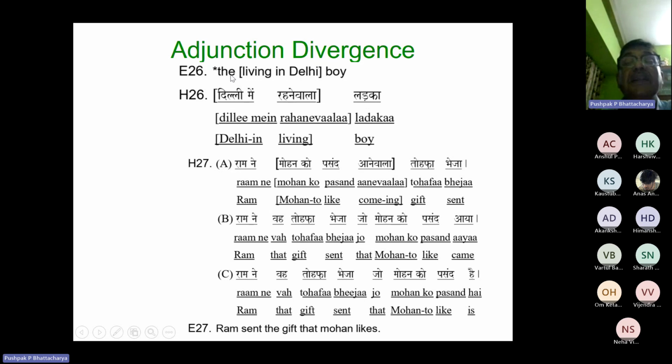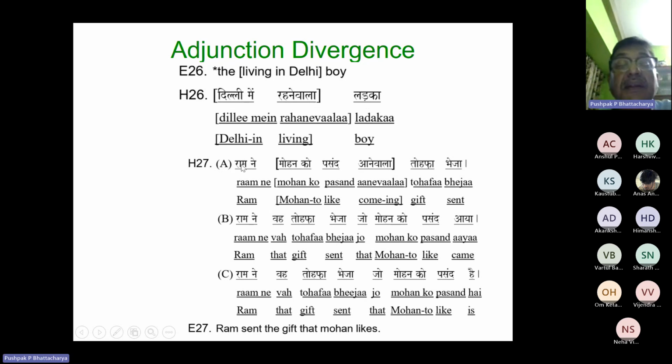So the correct English sentence is the boy who lives in Delhi. And in Hindi, typically you have this wala construction. So the adjunction divergence is exemplified here. The boy who lives in Delhi has been captured as Delhi mein rehne wala.